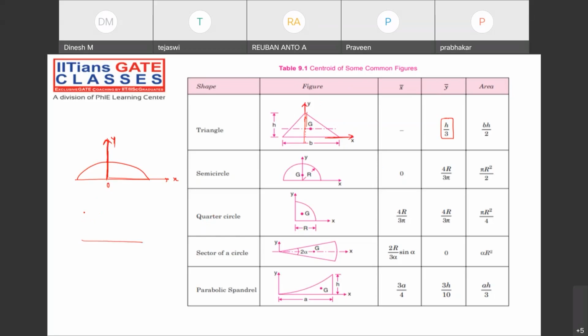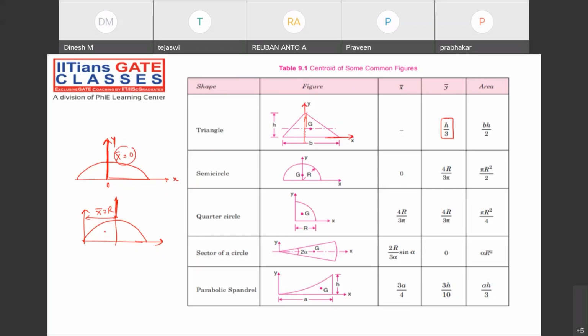See guys, when you take something like this, then x bar will be equal to radius. But when you take the y-axis from there itself, then what about the centroid? X bar, 0 or not? Please check it out. X bar will be 0 for symmetric figure.